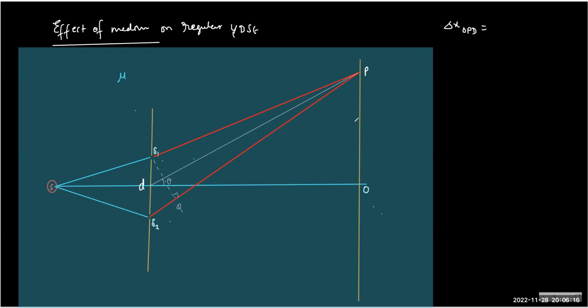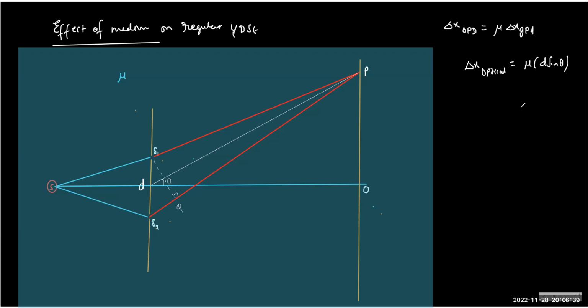Yes, sir. So the optical path difference is actually mu times delta x geometrical. So delta x optical is mu times d sin theta. That is the biggest change.